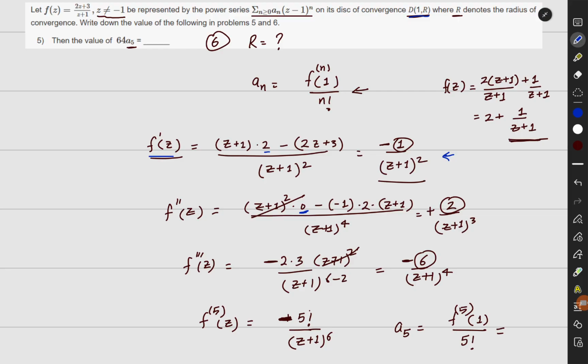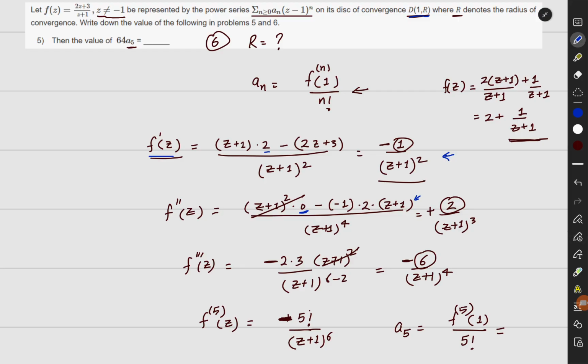Now after calculation we get 2 in the numerator, and in the denominator the power is reduced because of this z plus 1, so 2 divided by (z plus 1) cubed.